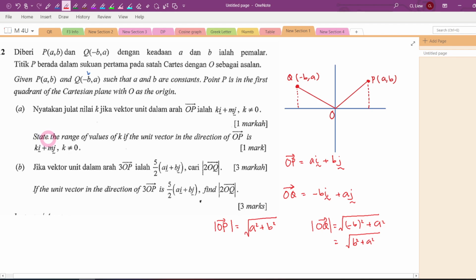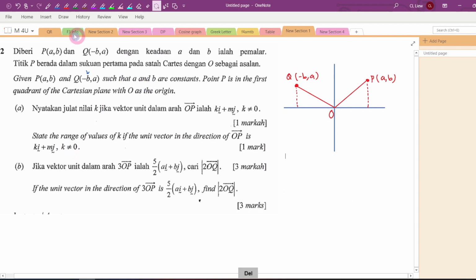Now the question asks us to state the range of values of k if the unit vector in the direction of OP is ki plus mj, and given k is not equal to 0. First, try to think, how do we get the unit vector? OP is ai plus bj, right? To get the unit vector, we take the vector divided by the magnitude.